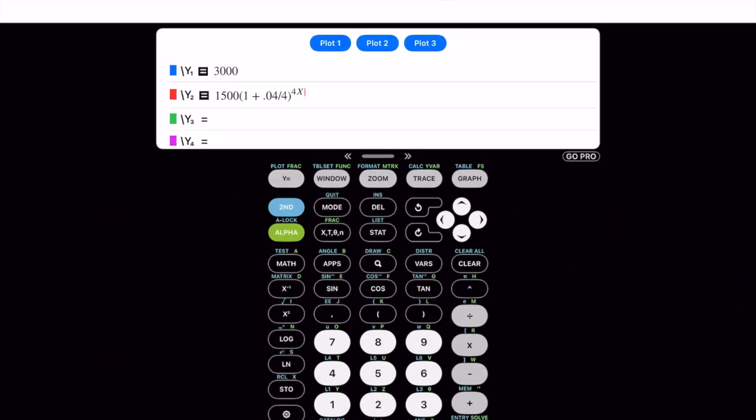So y equals, this one's 9,000, and this one is 6,000. The E button is kind of to the left of the 4. You have to hit the blue button and then the LN button, and then 0.032 to the X. And then I'm going to hit graph.